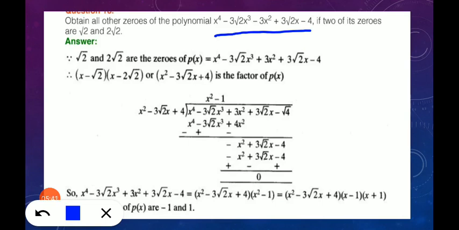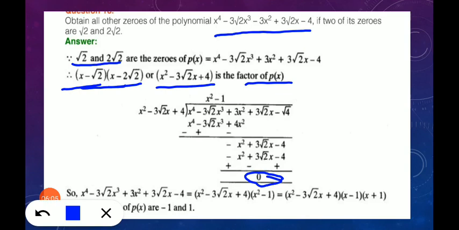As we know that root 2 and 2 root 2 are zeros, so x minus root 2 and x minus 2 root 2 are factors. Even their multiplication, that is x square minus 3 root 2 x plus 4, is also a factor of p(x).